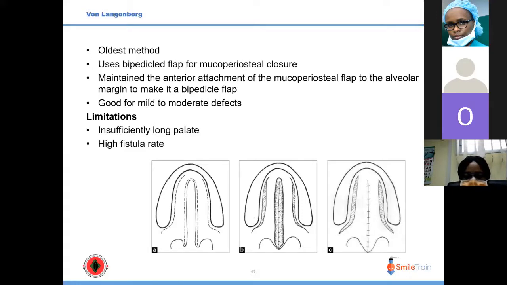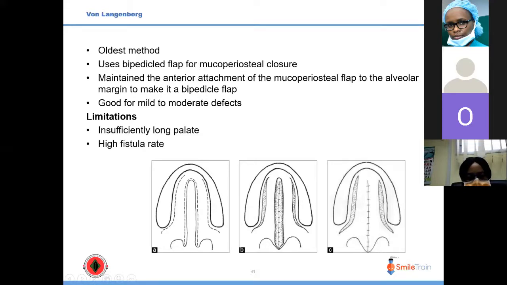And then, as we said, this can also contribute to the restricted growth of the maxilla, because we are going to have a scar here that is going to heal by secondary intention. To some extent, it elongates the palate, but some people say it doesn't elongate it as much as we want.